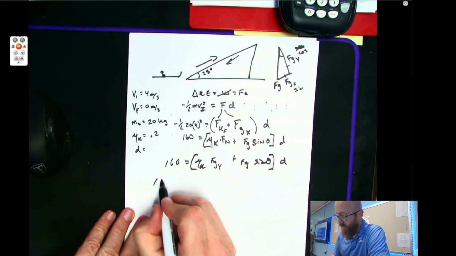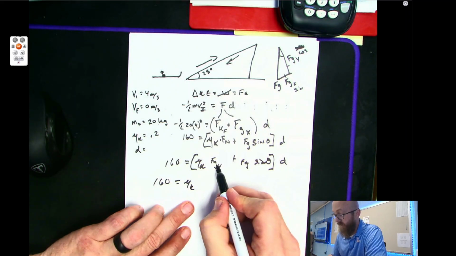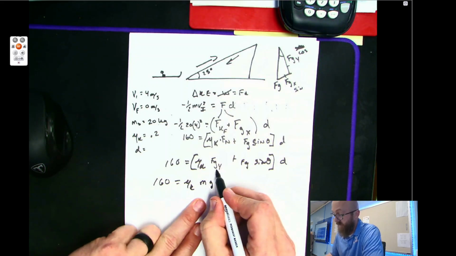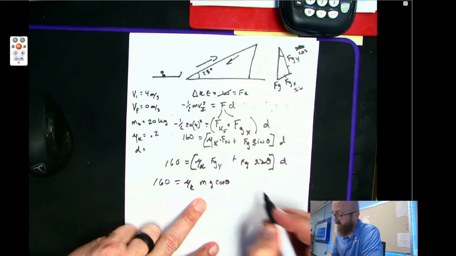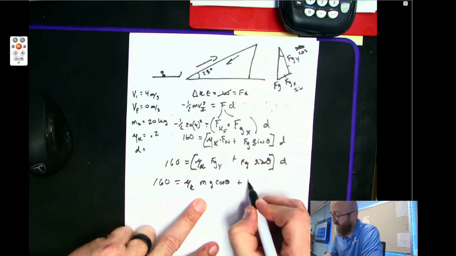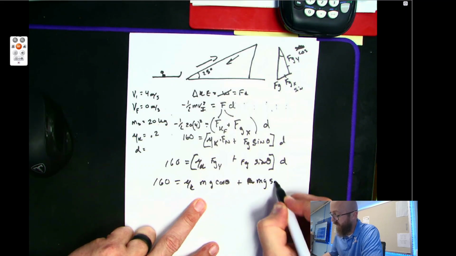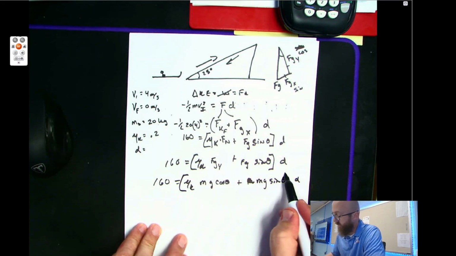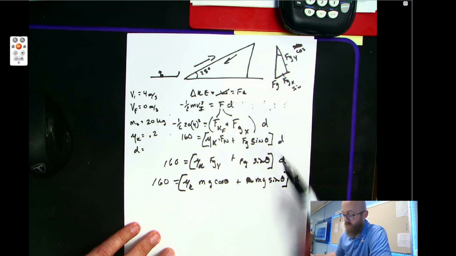So last but not least, 160 equals coefficient of kinetic friction, F of g, I'm going to write it out, mass times gravity, in this case, times cosine of theta, plus mass times gravity times sine of theta, times distance. Super long way to write this out, but it's step 1, step 2, step 3.